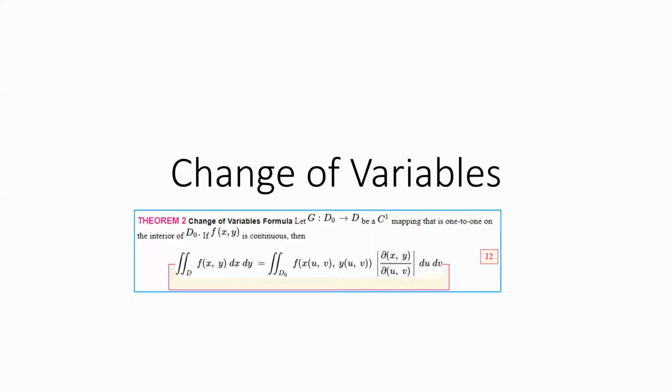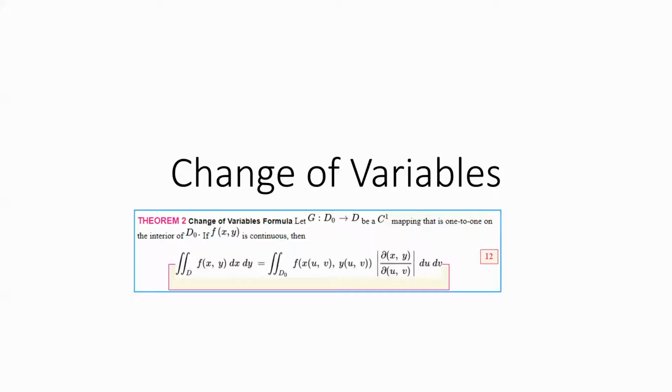It says that if you have a mapping function that goes from one region in two-dimensional space to another region in two-dimensional space that is one-to-one, and that just means that two different points are taken to two different points, and is continuous, then the double integral of f over D, the target domain, the complicated domain, is equal to the double integral over D naught, the simple domain, of f of x of uv, y of uv, times the absolute value of the Jacobian.